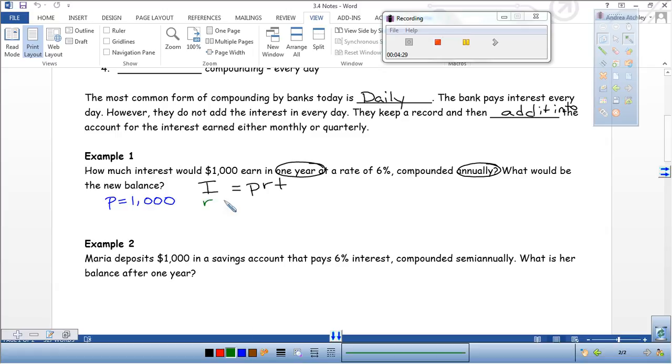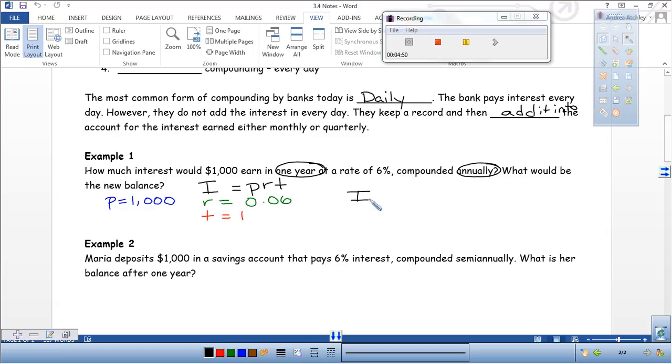Brian, what's the rate? And how do we write that as a decimal? Okay, Nick, what would be the time? 1 year. Plug it all in.